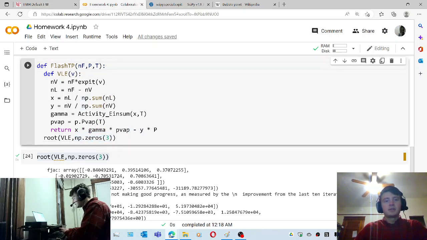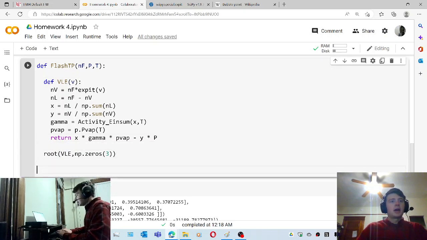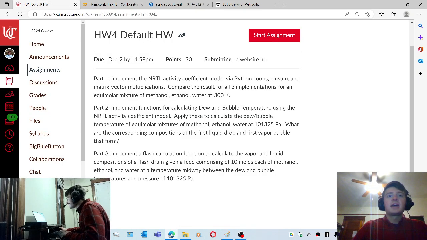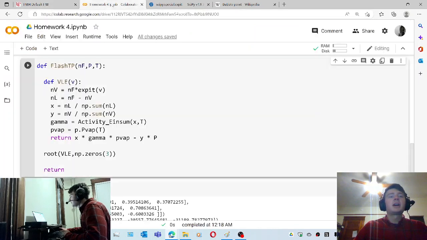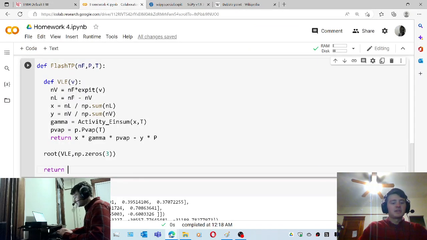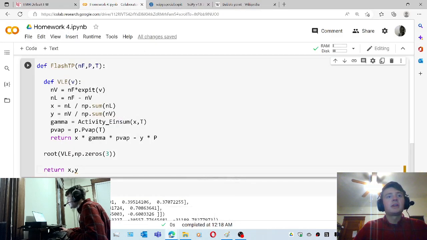And then what do I need to do? I'm going to break it up with some spaces real quick. What do I want to return? It says I need to find the vapor and liquid compositions of a flash drum given a feed. So I guess I need to return a value of X for the vapor and then Y for the liquid. Did I do that right? No, I did it out of order.